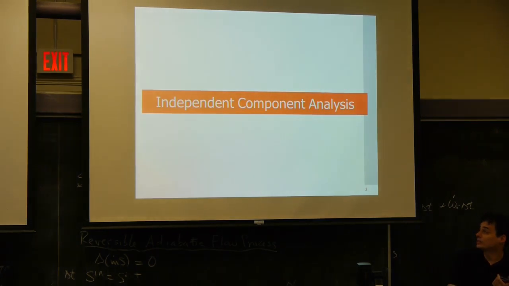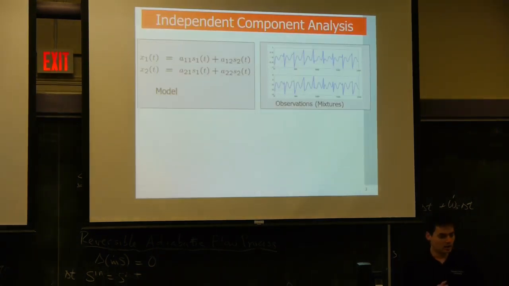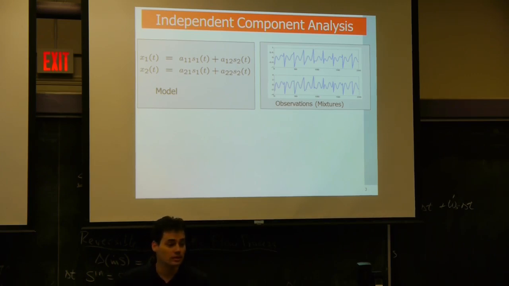So, independent component analysis. This is the problem where we have x1 and x2, and we can have more observations, and we have S1 and S2 independent sources. And we mix them linearly with A11, A12, A21, A22 coefficients, and we get these observations.